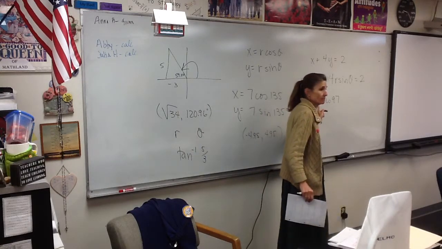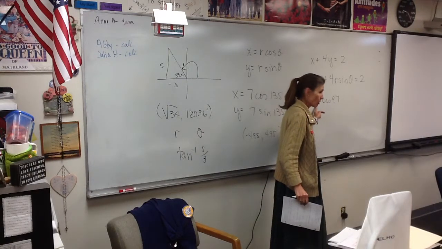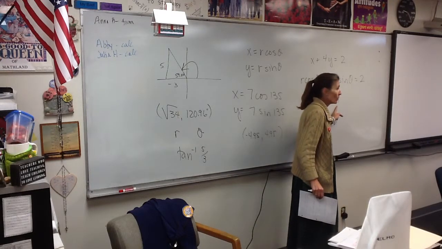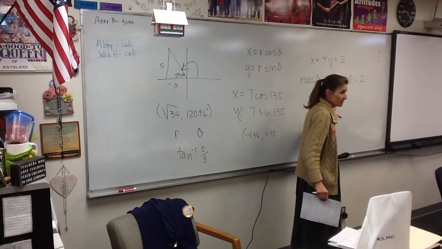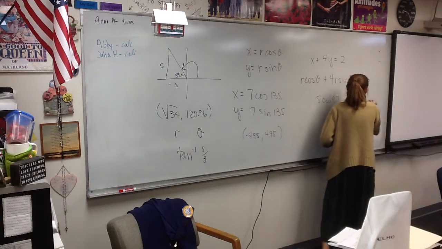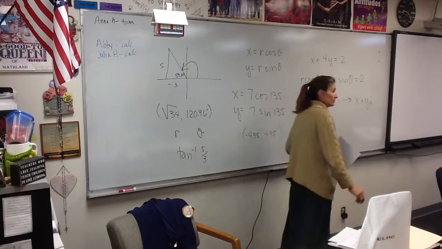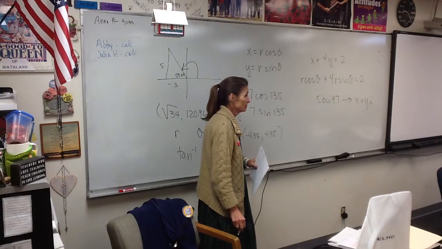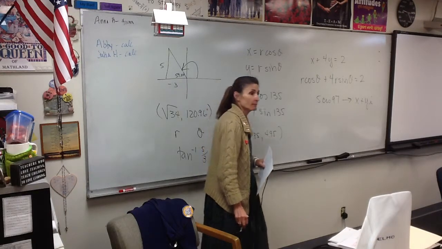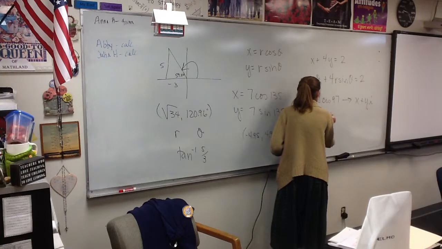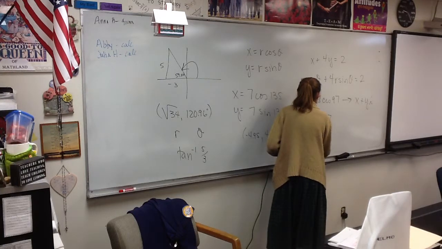What's the 5? It's R. What's the 97? Theta. What do I want to find? X and Y. Only this time I'll write it as X plus YI. How do I find X? 5 cosine 97.